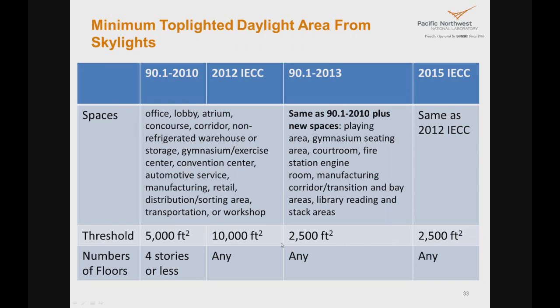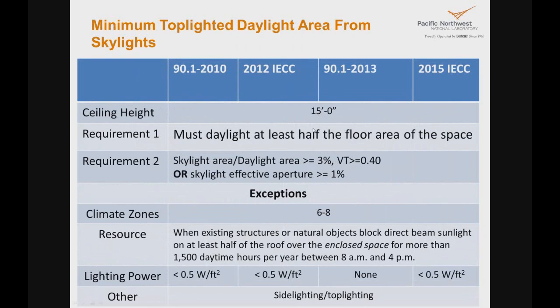So these are kind of large spaces, and you can see that gymnasiums, convention centers, warehouses, concourses, very large open offices probably, or large lobbies and atria. These are the types of spaces that are applicable here. One defining feature of these spaces is that the ceiling height has to be at least 15 feet.